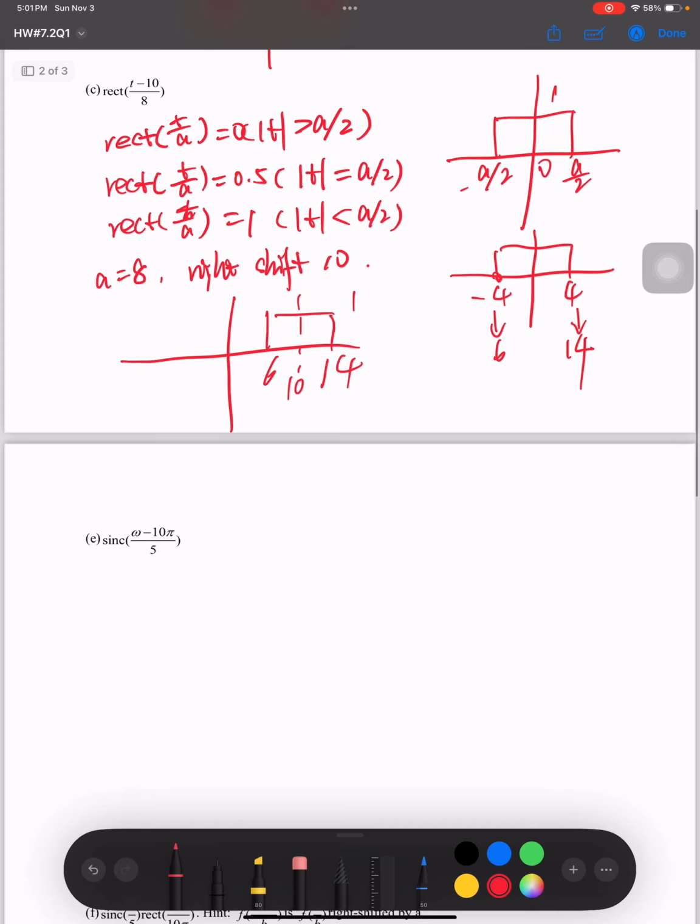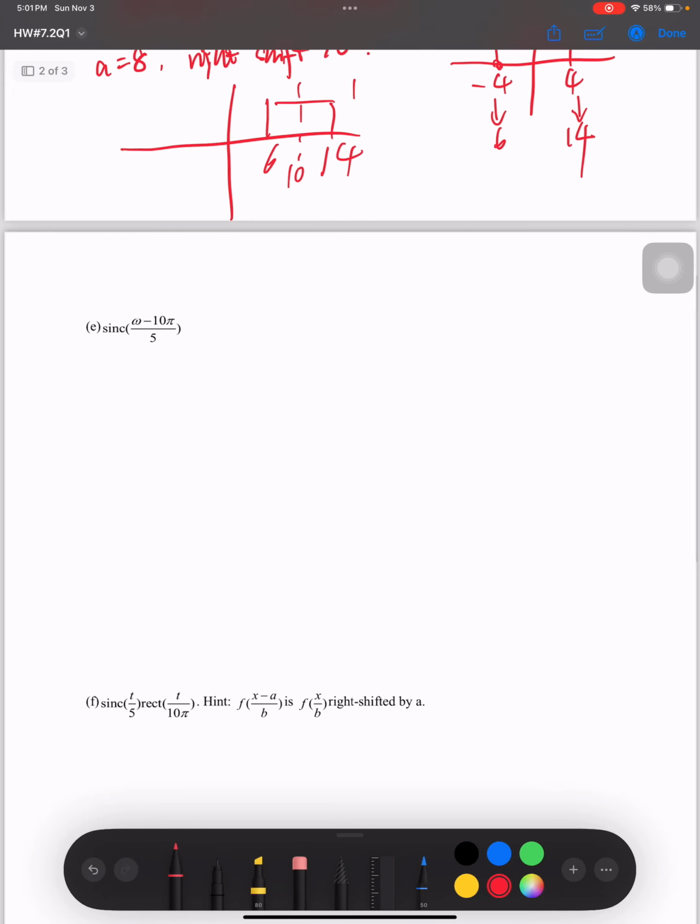And for the next one, which is a sinc function with a shift of 10 pi.